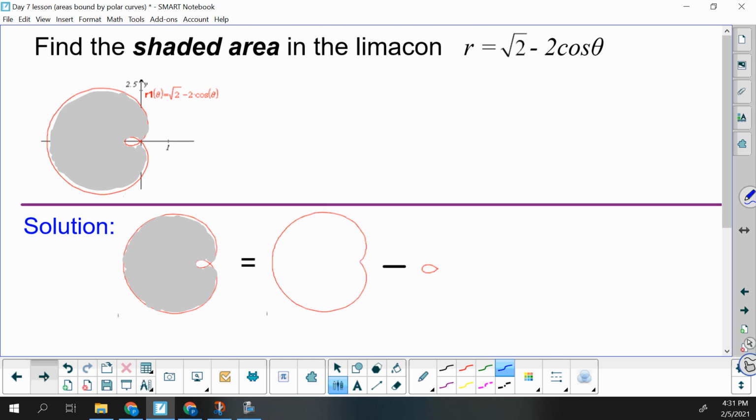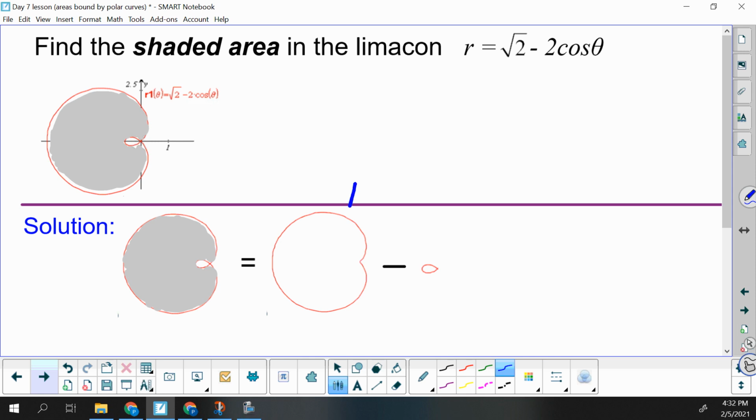All right, one last one for today. So we want to find just the shaded area there of the limacon. We've got its radius equation given there. Our strategy is to find that shaded area.